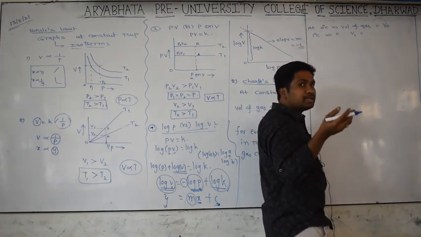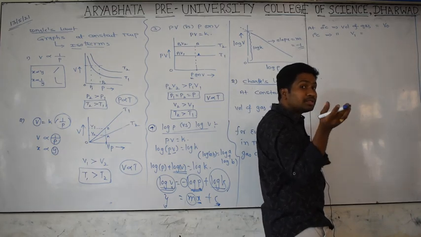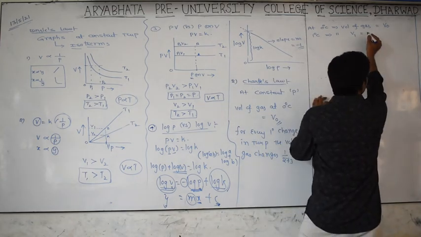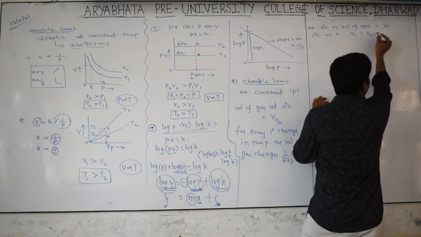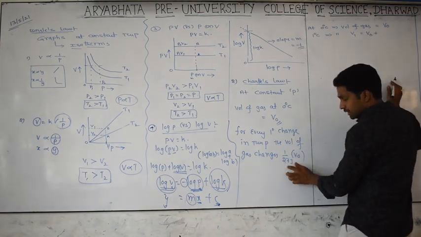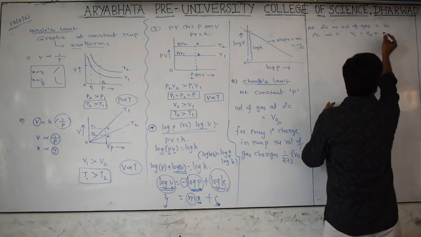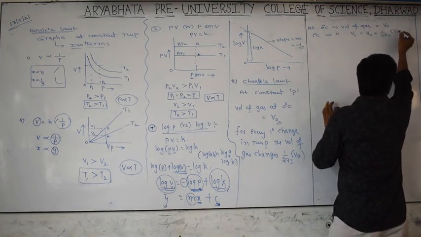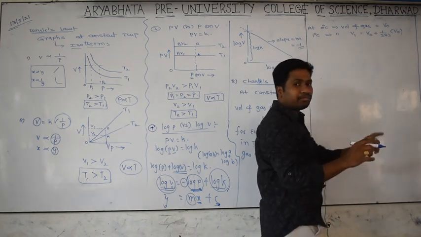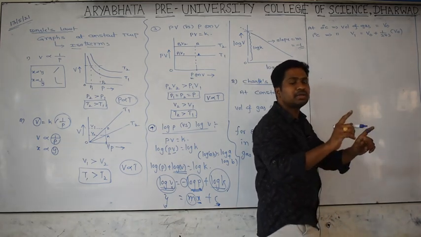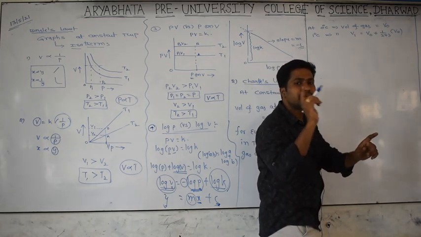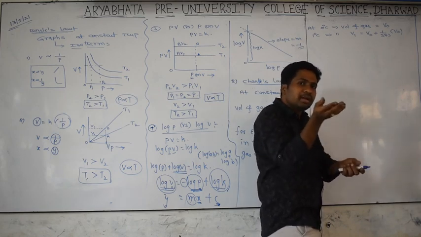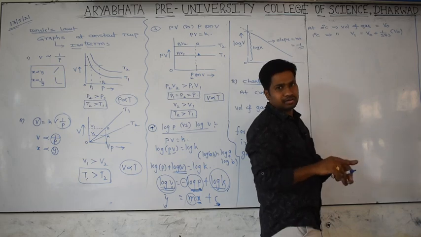So by raising the temperature, the volume of gas is also increasing. How much is it increasing? Initially V0 as usual, plus for every 1 degree change, 1/273 of V0. Did you get my point? For every 1 degree change, the volume of the gas changes by 1/273 part of V0. So raising the temperature by 1 degree raises the volume by 1/273 of V0.